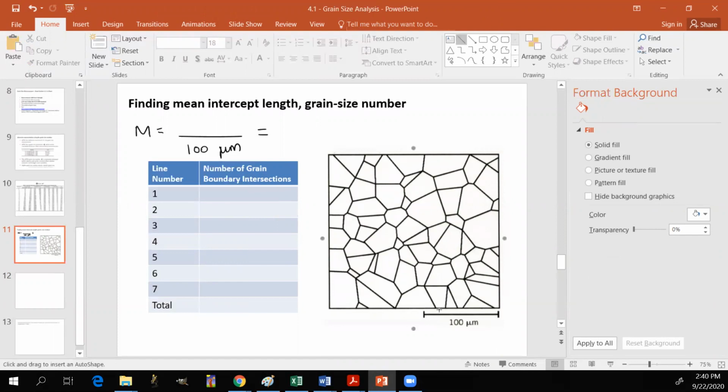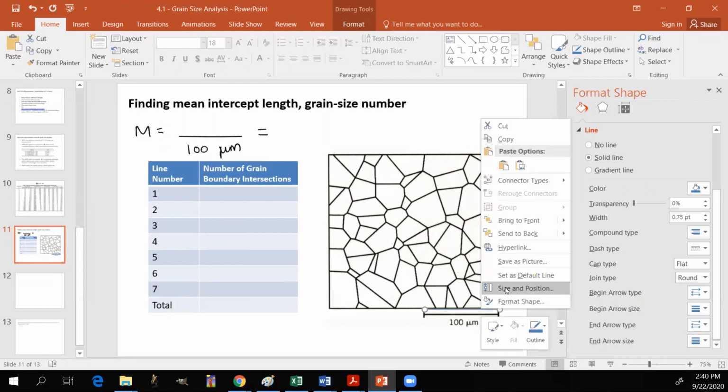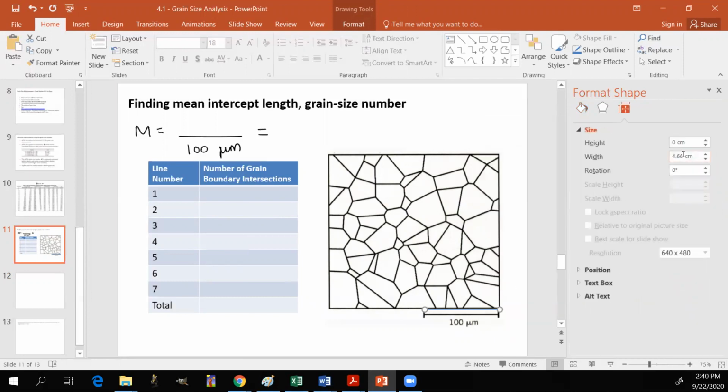You can just go to PowerPoint, draw that line out, which is approximately the same length, and go to its size and see that it's 4.66 centimeters, which equals how many micrometers? 4.66 centimeters is equal to 46,600 micrometers.